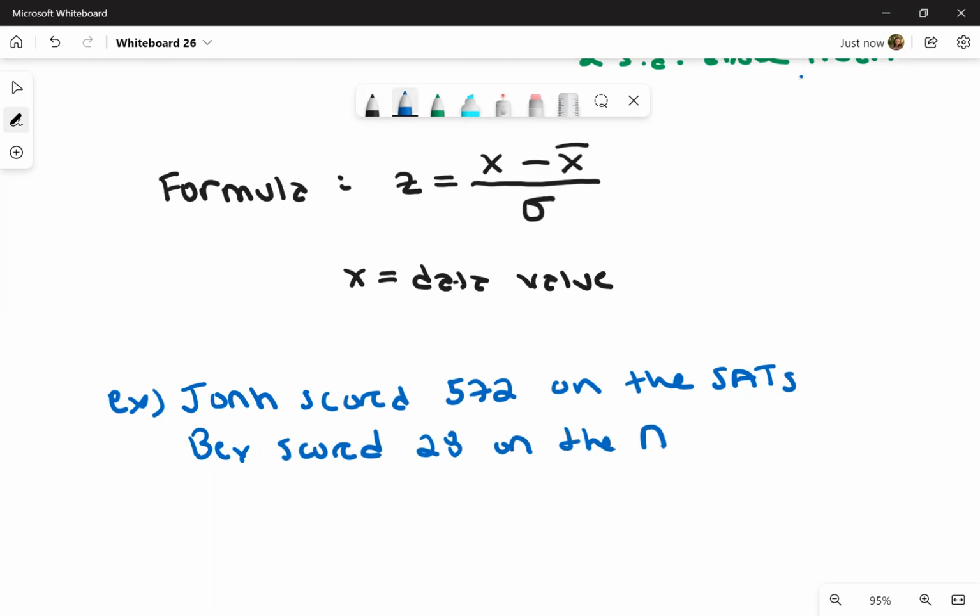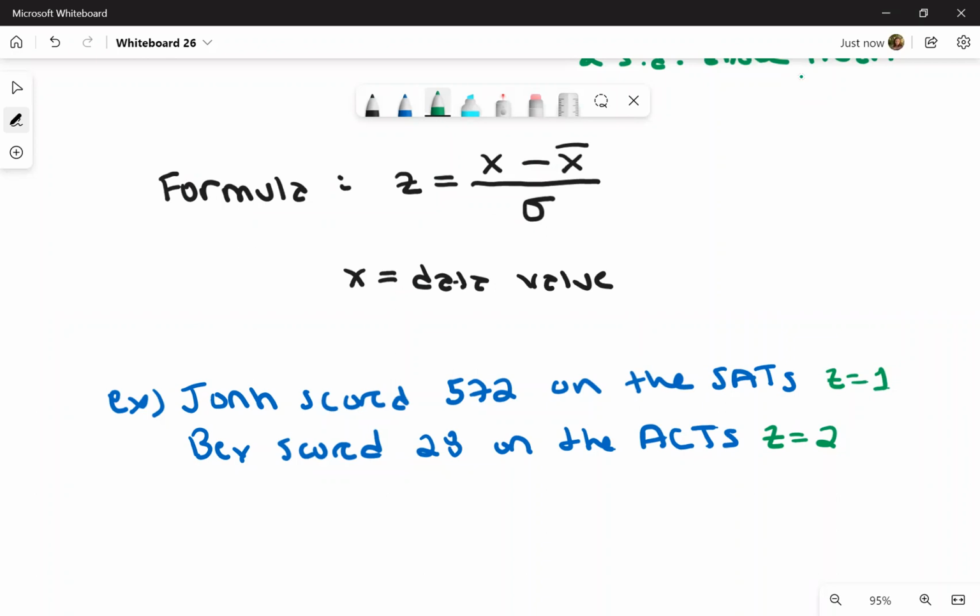So she didn't even take the SAT; she took a different standardized test, the ACTs. And they still have their 2 z-scores from the previous example. He got a 1, she got a 2. But what that really means is that Bev did better in performance on the ACTs than John did on the SATs. That's what that means.